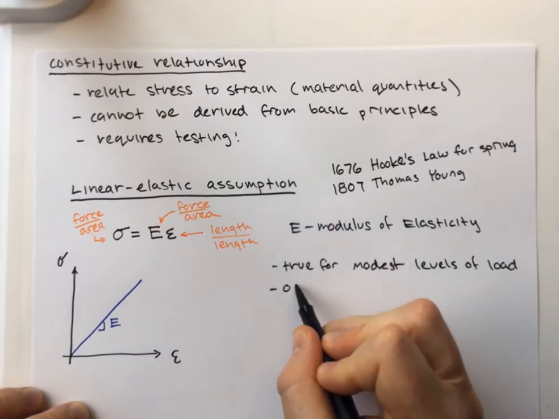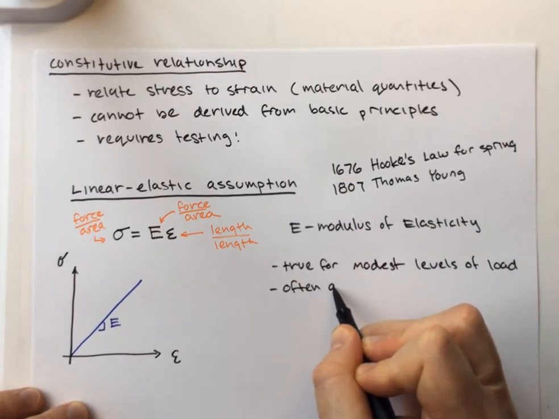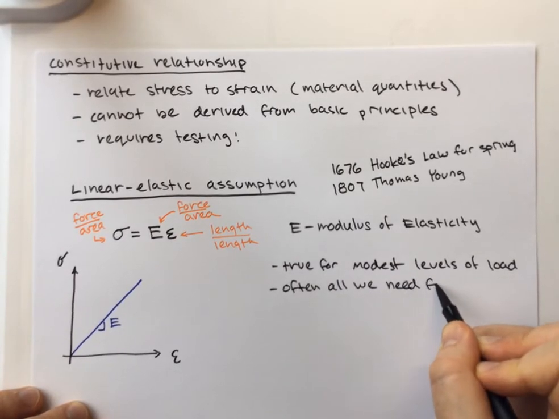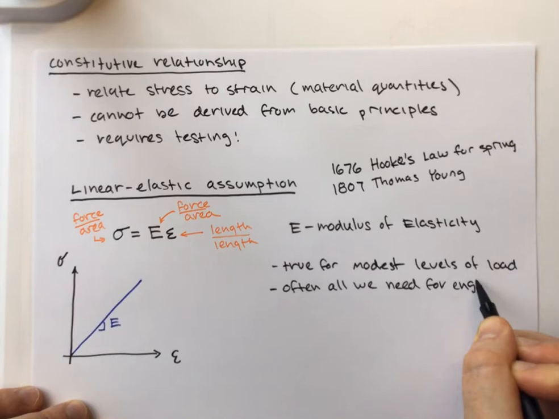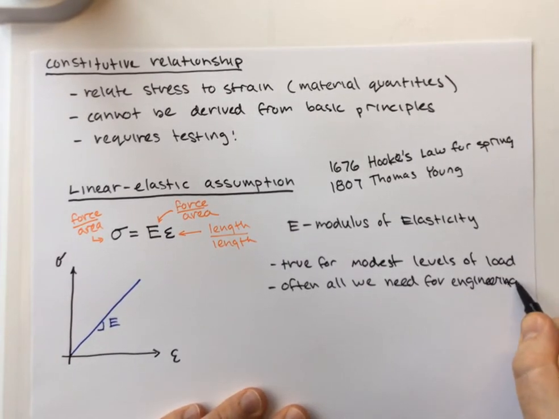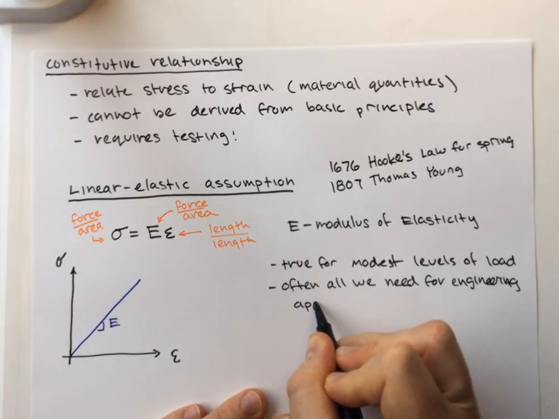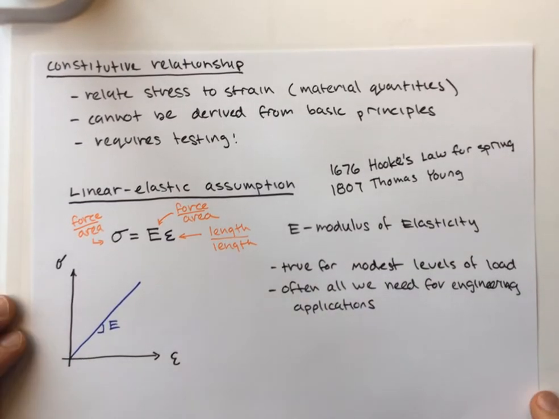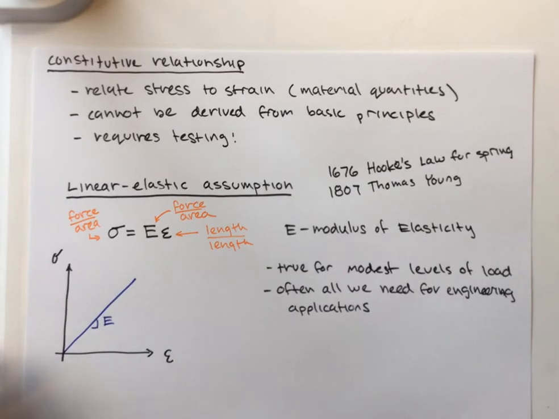So this is often all we need for engineering applications. And that's because we design our engineering component, our part, or our piece of a structure to be elastic under the applied loads.